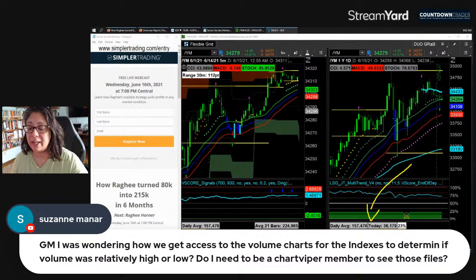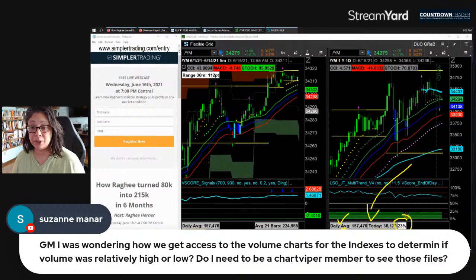I like this a lot because this is a custom look back. So Suzanne, if you want to look back 30 days, 60 days, 10 days, whatever, it'll tell you what the average was for that look back. You can see this is set to 21 right now, what the current volume is and where that is within the average. So I'll know if there's an above average just by looking at this.